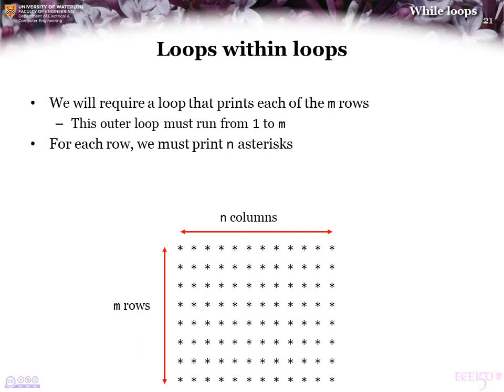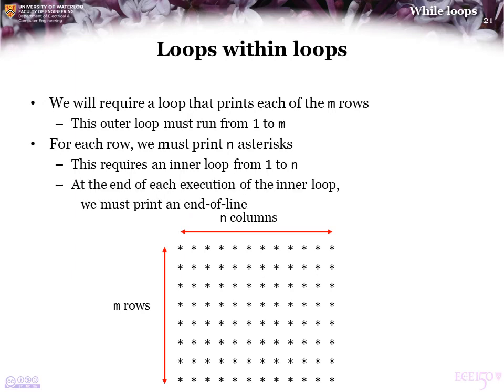That means we must print n asterisks. This is of course also going to require a loop, but now that inner loop is going to run from 1 to n. Once we've printed all of the asterisks in a particular line, we must then print an end of line so that the next row can be written on the next line of output.